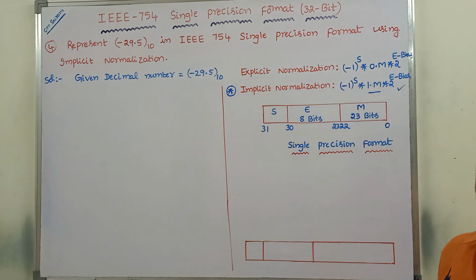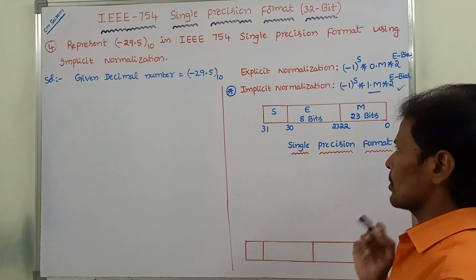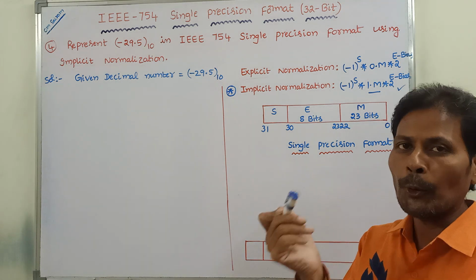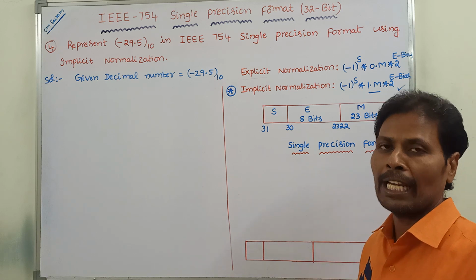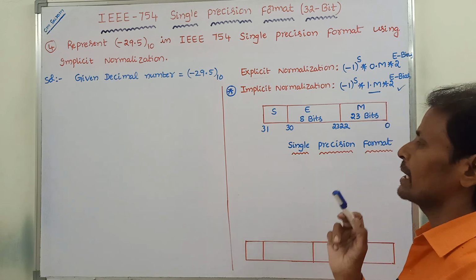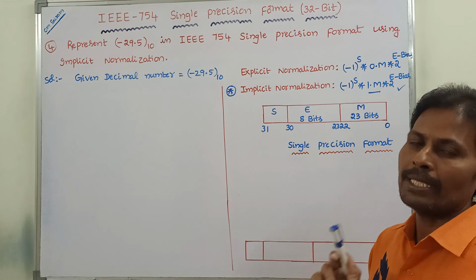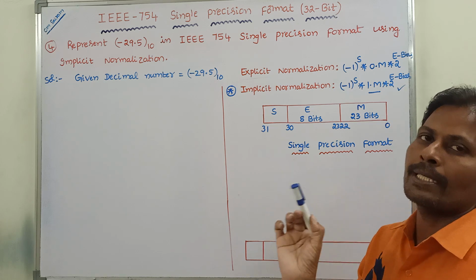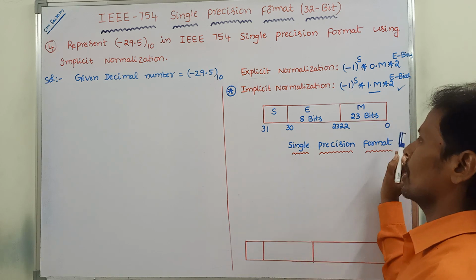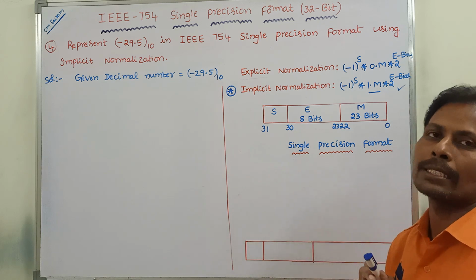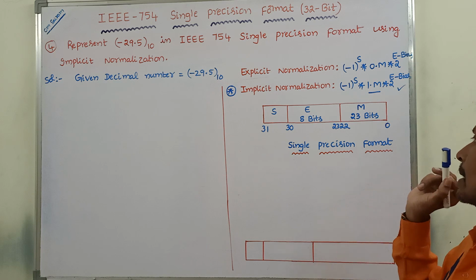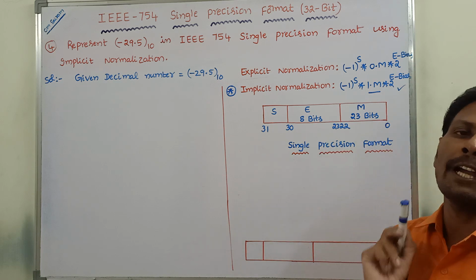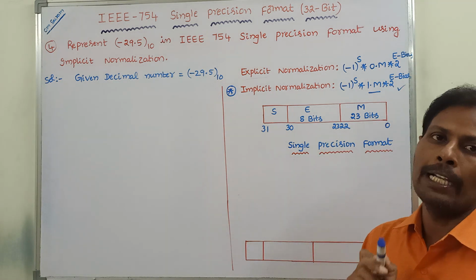Before solving this problem, first of all, you have to know about the IEEE 754 single precision format. It contains 32 bits, starting with 0 and ending with 31. Total 32 bits. Those 32 bits can be divided into three fields.